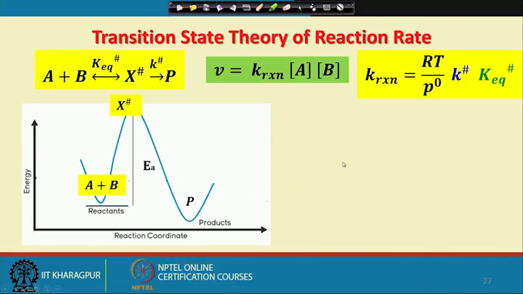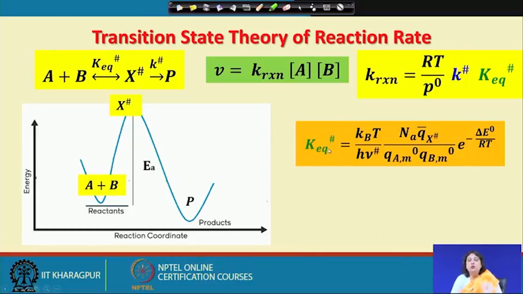Now, under such a condition, I know how to write down the equilibrium constant, and it is this angular frequency with which X dagger would decay into the product. Therefore, K dagger is also a nu dagger. And this is of course valid if the system, once it reaches the transition state, immediately decays to the product and never comes back to the reactant state.